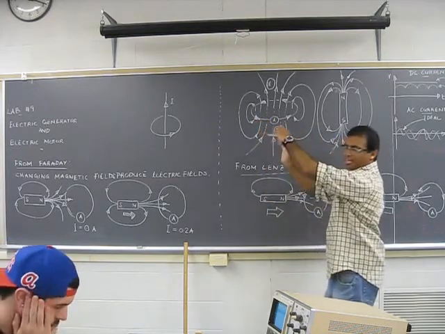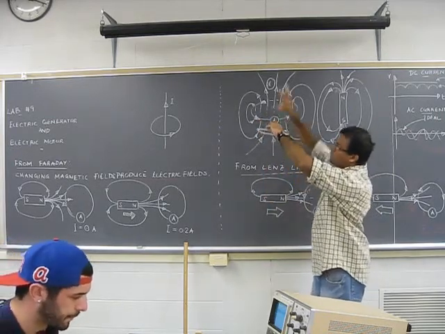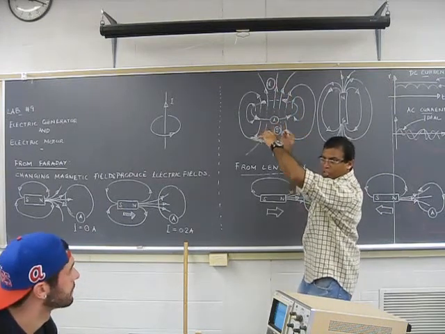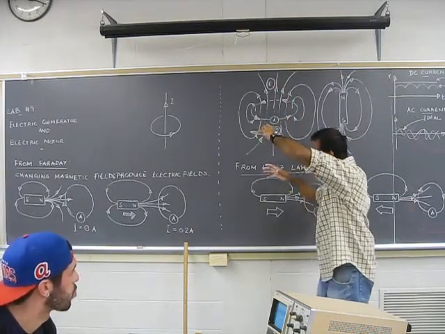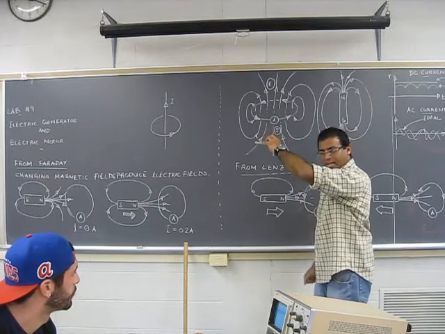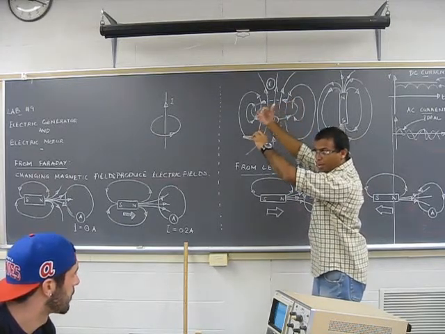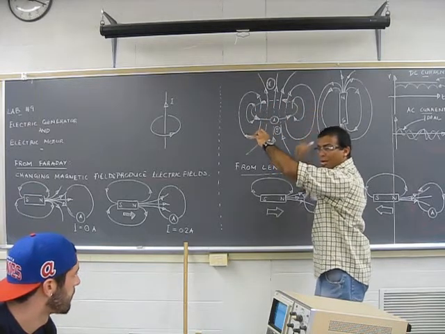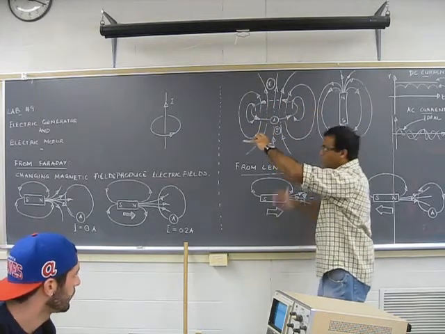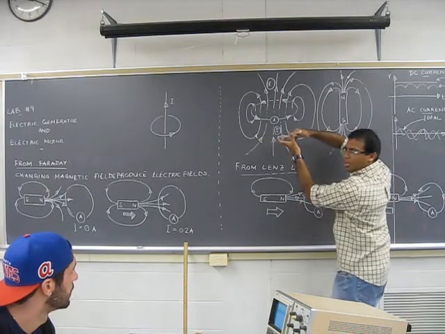That field line pattern will decide how the field line is going to emit. Either it's going to come out from the top, or they're going to come together at the bottom. And that will determine whether you will have a north pole at the top or a north pole at the bottom.